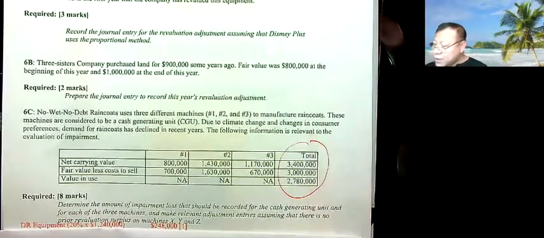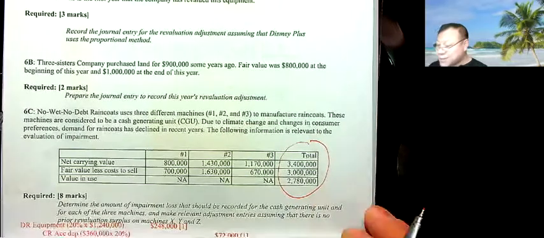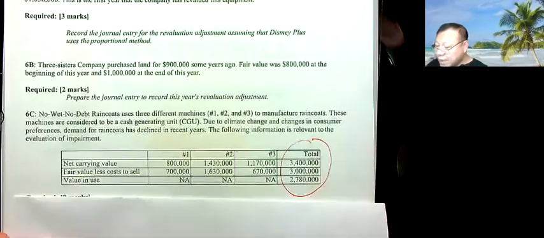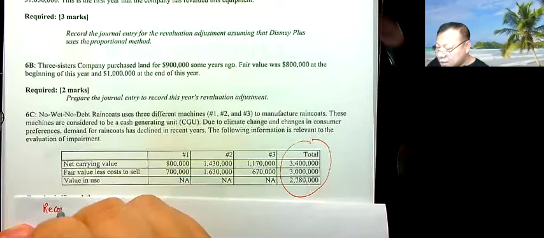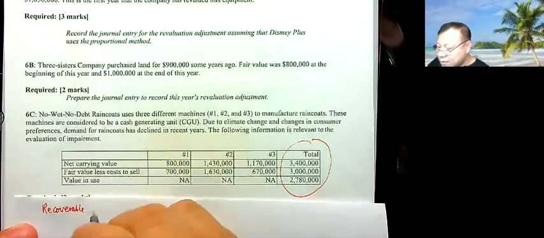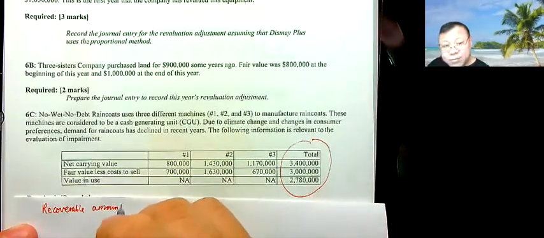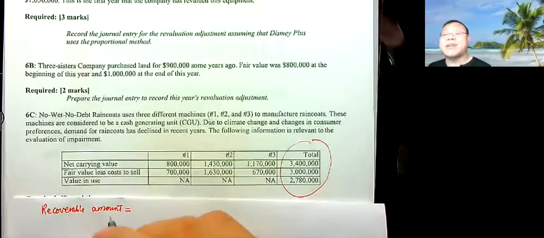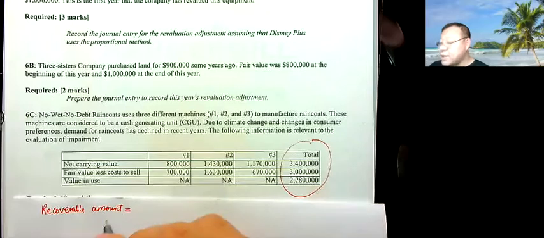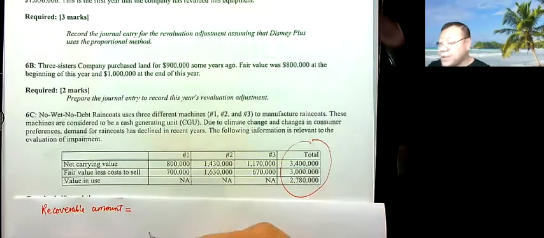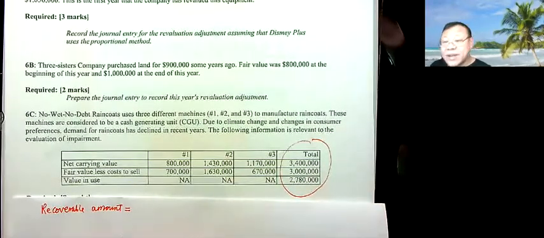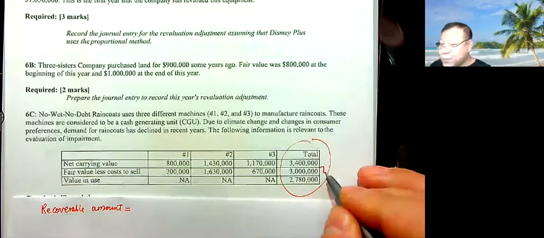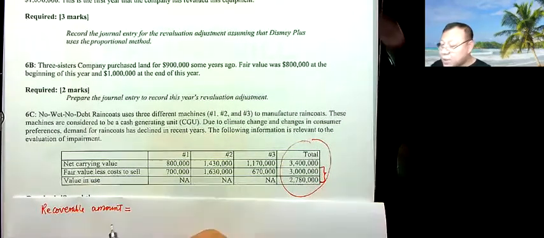Okay. So recoverable amount. My recoverable amount equals the higher, right? The higher of the fair value less selling cost and the value in use. That would be the higher of these two, right? 3 million and 2.7 million.